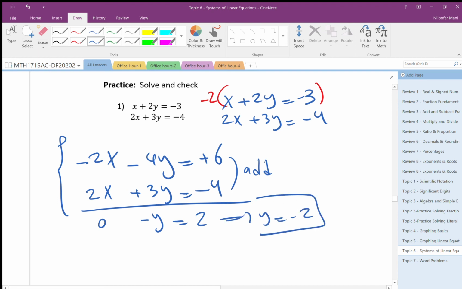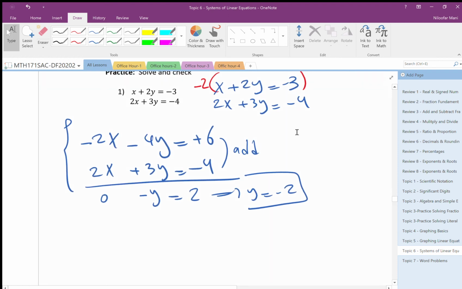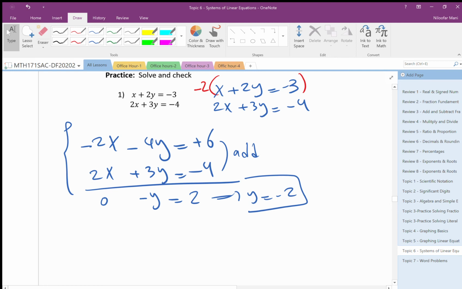Okay, y is minus 2. When I say y is minus 2, so tell me what is x. Here, let me see. So I choose the first one, it's easier for me. x plus 2 multiplied by minus 2 equal minus 3. So x minus 4 equal minus 3, and x is 1.